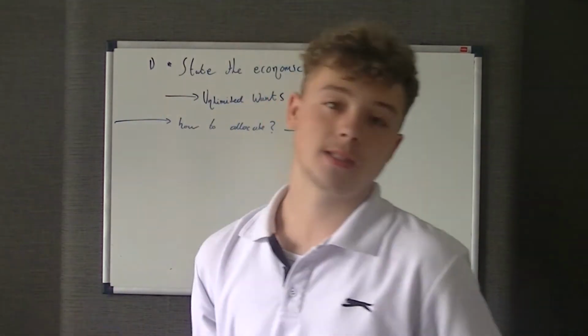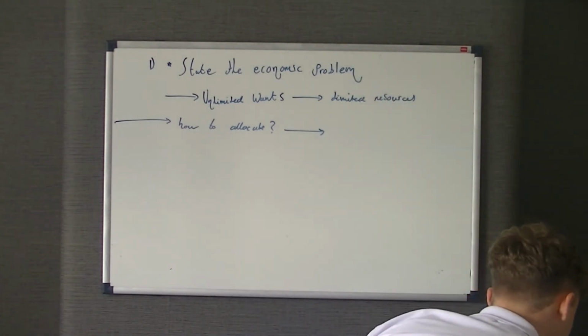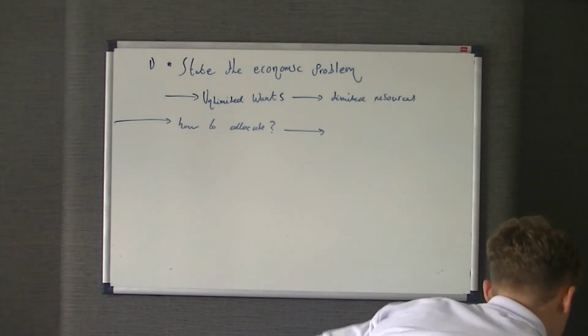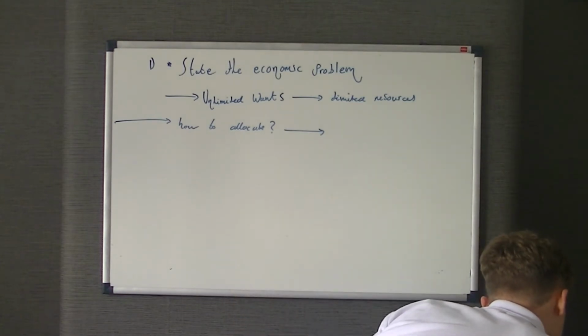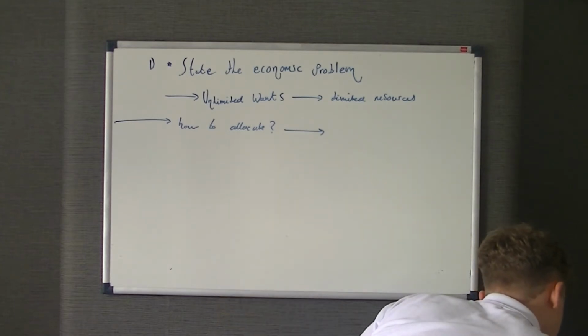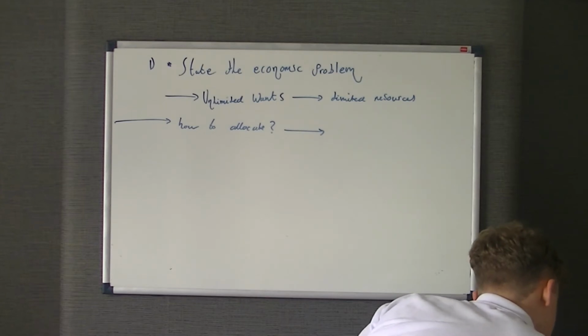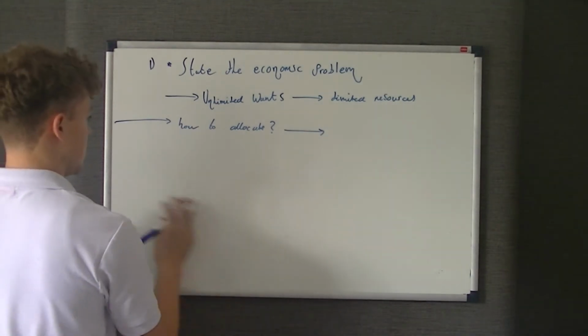And basically all you needed to say, it says on the mark scheme here, unlimited wants and limited resources. So you've got 2 marks for that, 2 marks for application. Basically, there's unlimited wants and there's limited resources.